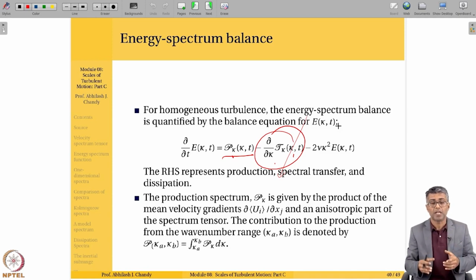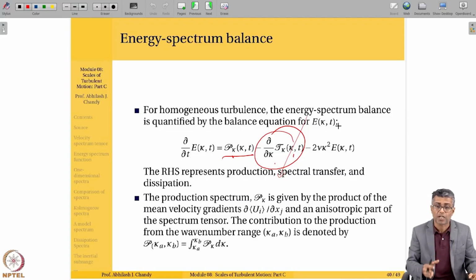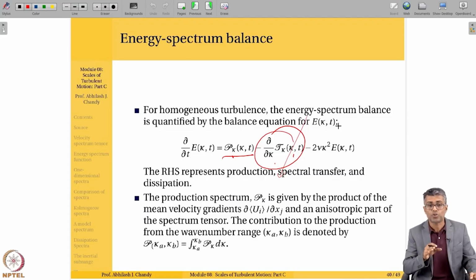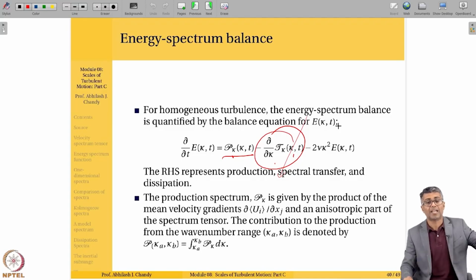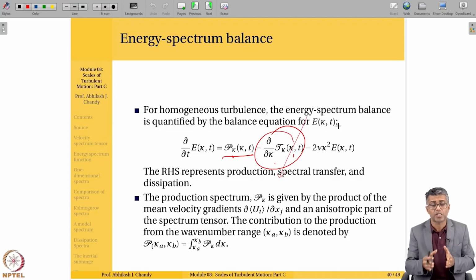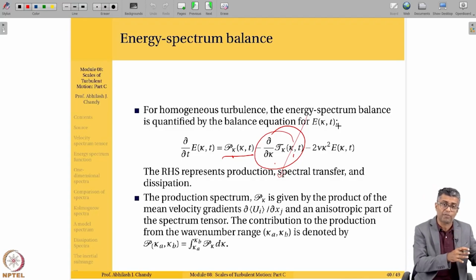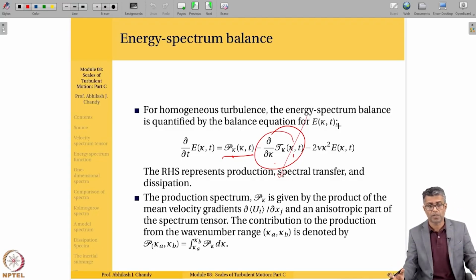The second term is your energy transfer, and because it is an energy transfer rate with respect to wave number, you have it as del K. This is not a typical spectra like you see for production or dissipation or energy spectra for that matter. This is with respect to wave number, because it changes with respect to wave number. It goes from the lower wave numbers to the higher wave numbers, isn't it? So that is your spectral transfer.